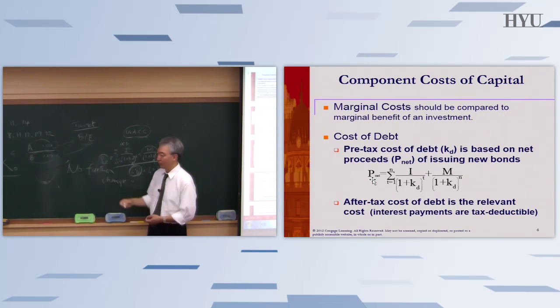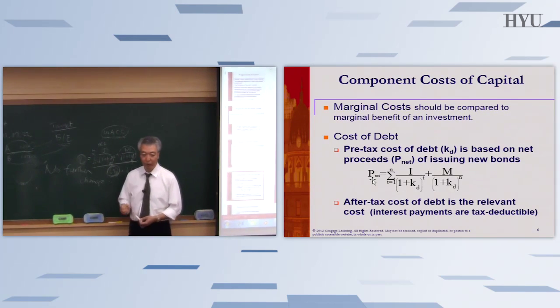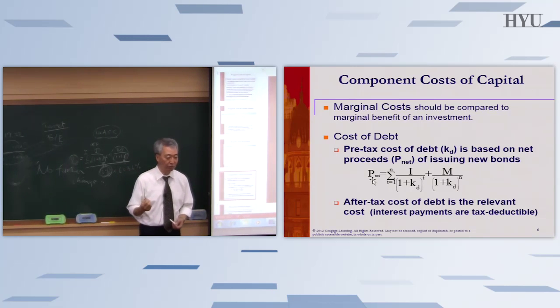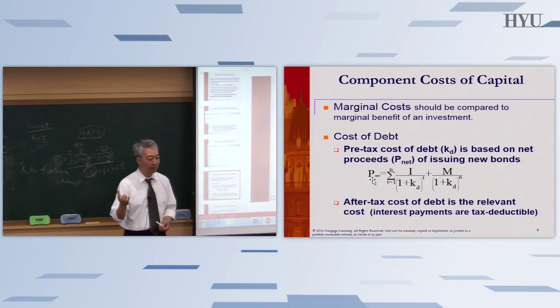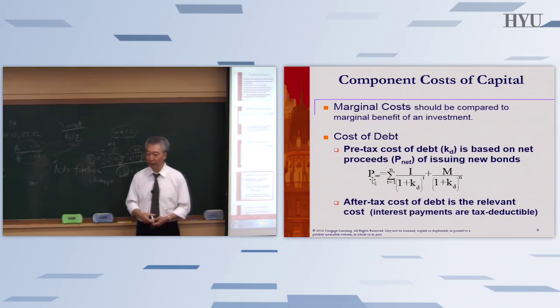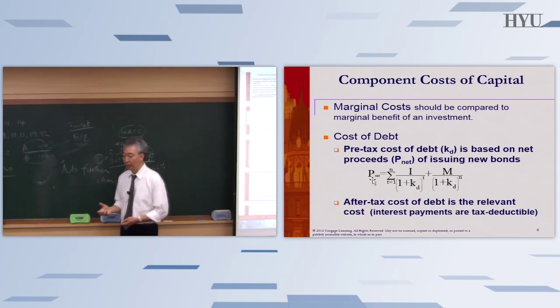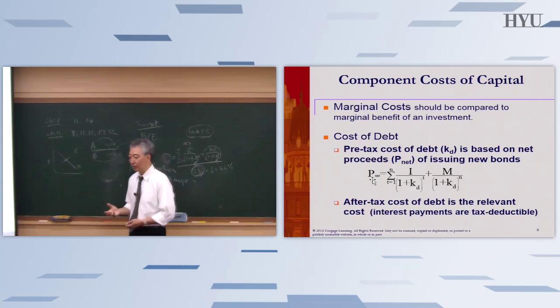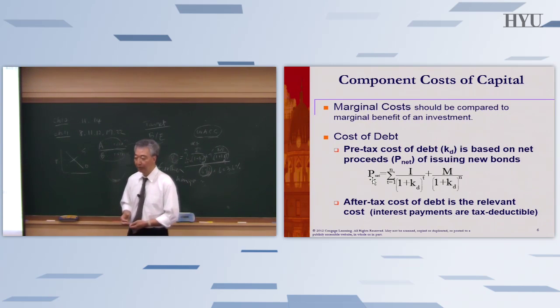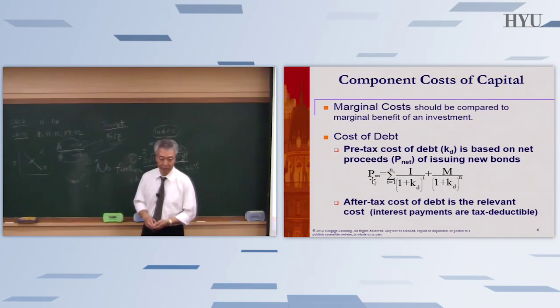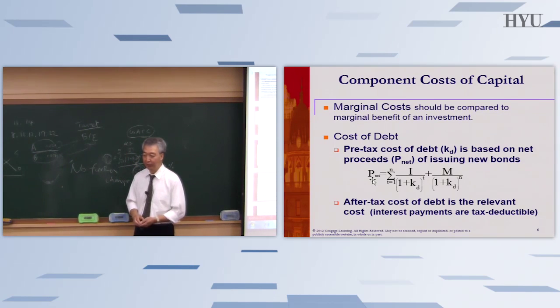It's called the proceed. When you issue the bond, how much money can you receive? Par value is typically $1,000, but that doesn't mean you will receive exactly $1,000 by selling the bond. In most cases, bonds are sold at a discount. Especially government bonds are sold at very high discounts many times. So this is the net proceed.